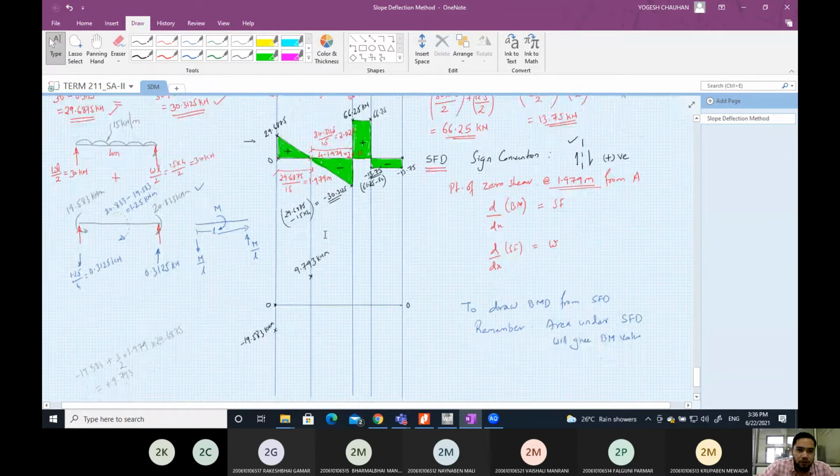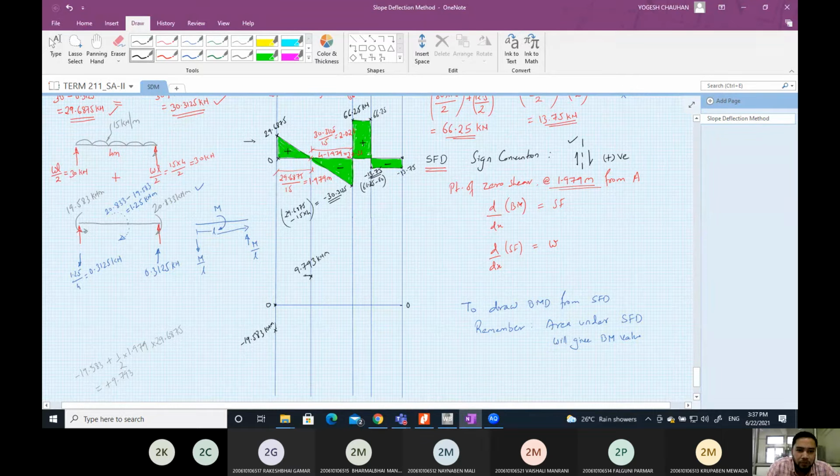Now the value of shear force is decreasing from this point to this point. There is maximum shear force here, and then it is decreasing. So the slope of the bending moment curve will be maximum here and minimum here. For the slope to be maximum, the tangent to the curve should be vertical, and the tangent to the curve at this point should be horizontal, because the slope should be minimum.